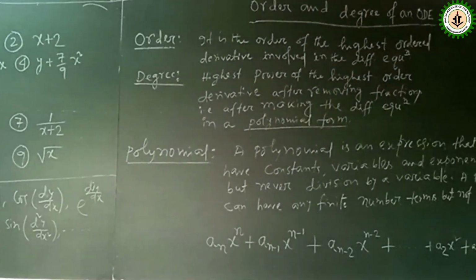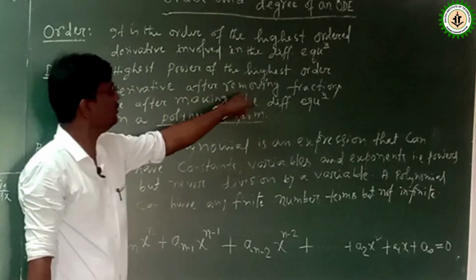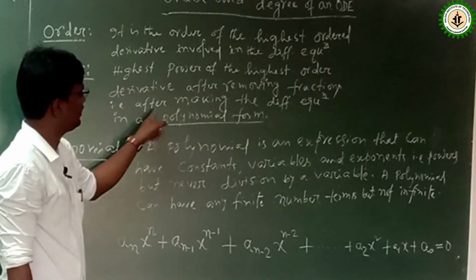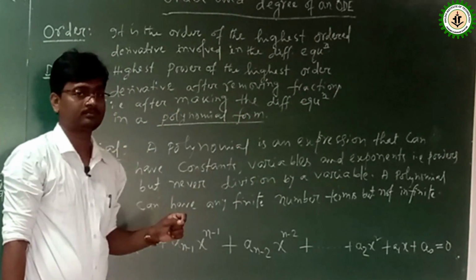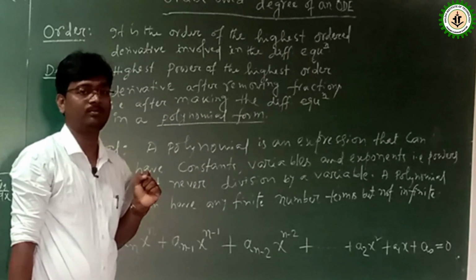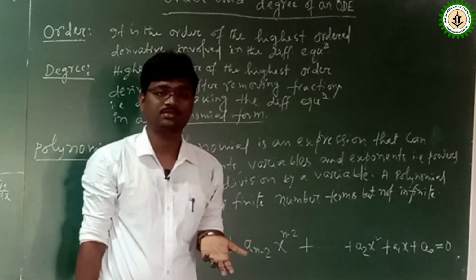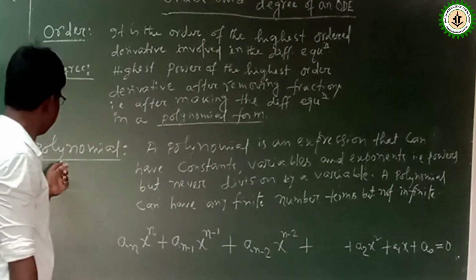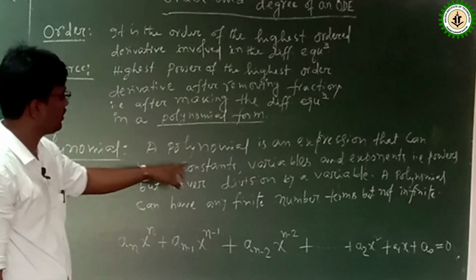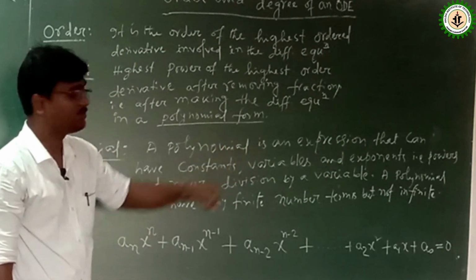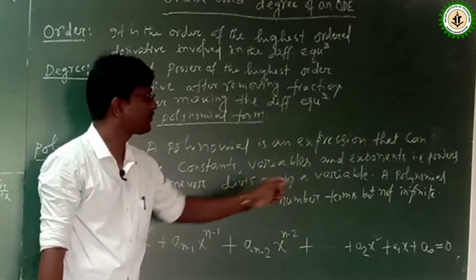So look here at the definition of degree. Degree is the highest power of the highest order derivative after removing fractions, that is, after making the differential equation into polynomial form. So what is polynomial form? Polynomial form means it contains a finite number of terms, or more clearly, a polynomial is an expression that can have constants, variables and exponents, that is powers, but never division by a variable.